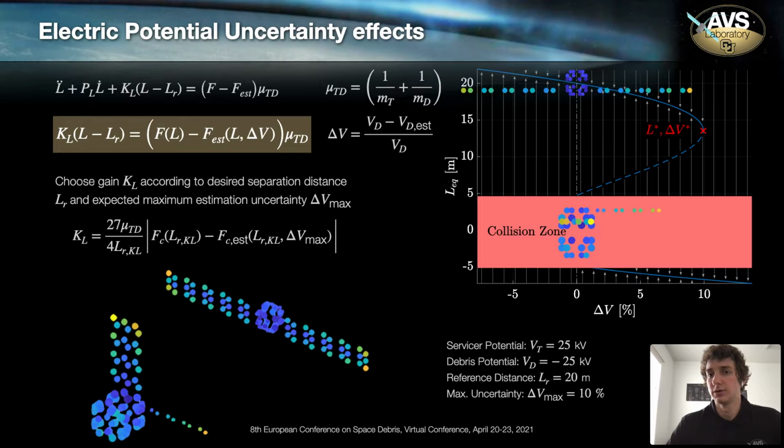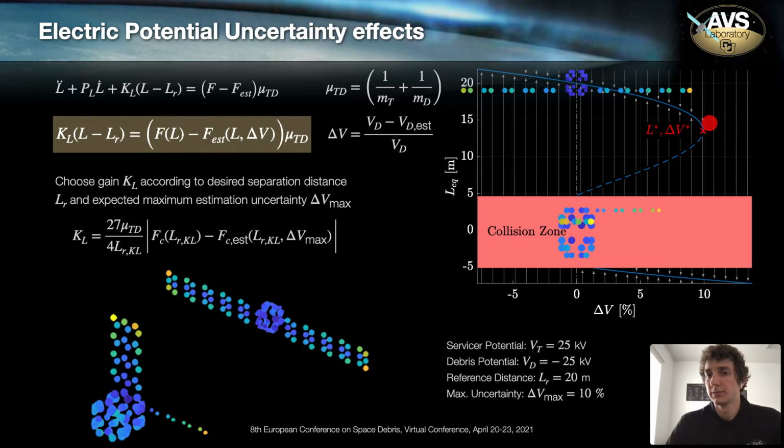So the servicing satellite will actually pull away from the debris. And if the estimation error is positive, then the electrostatic force is essentially underpredicted, and consequently the servicing satellite will move closer to the debris.